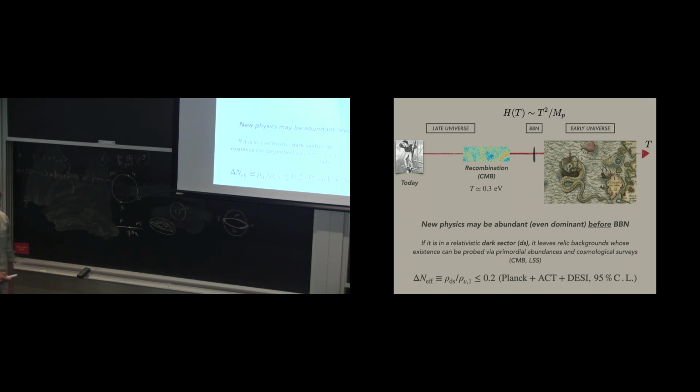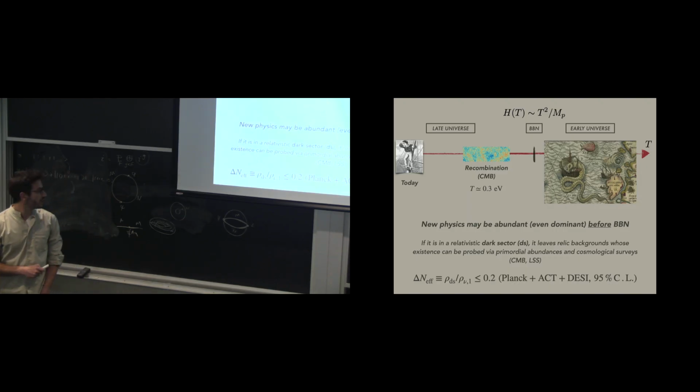Typically, these constraints are rephrased in terms of this parameter delta N effective, which is just the energy density in the new physics sector, dark sector in particular, normalized to the energy density of one neutrino species. The most recent bound that you get is 0.2, most recent because I'm combining here the new CMB data from ACT and large-scale structure data from DESI.